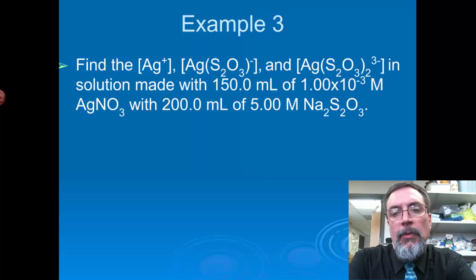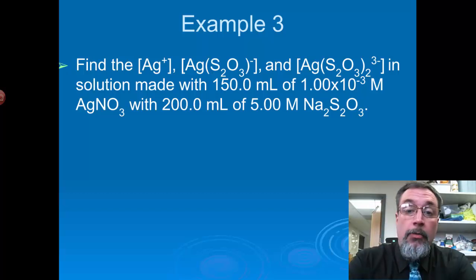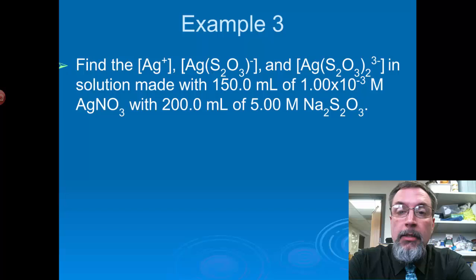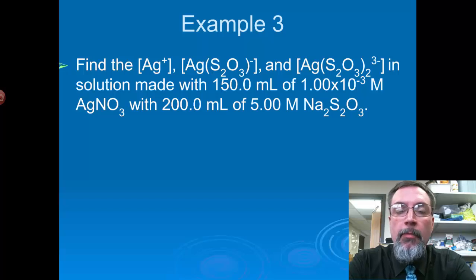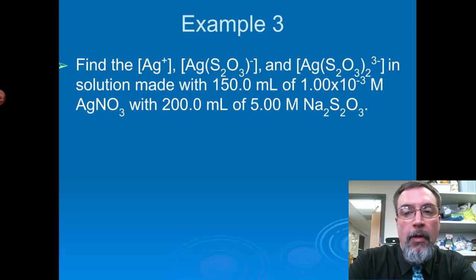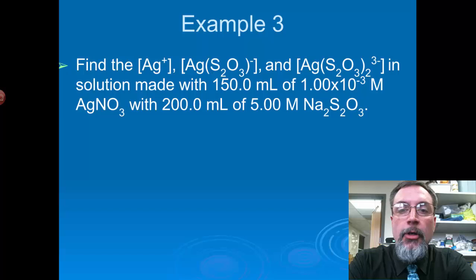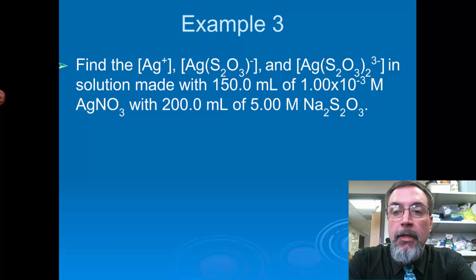So we're going to make a complex ion using the silver ion, and we're going to attach to it this S2O3. Now, S2O3 is an ion, okay? It has a -2 charge, S2O3 2 minus. So when I take a silver ion and I put this -2 ion attached to it, the overall charge is going to be -1. If I put another one on there, I've got another 2 minus charge, so it's going to be -3, right?